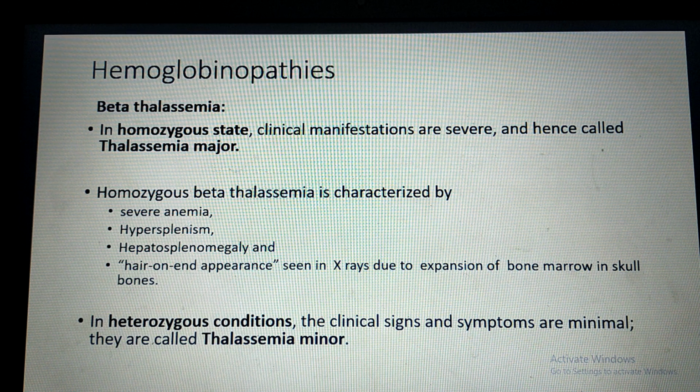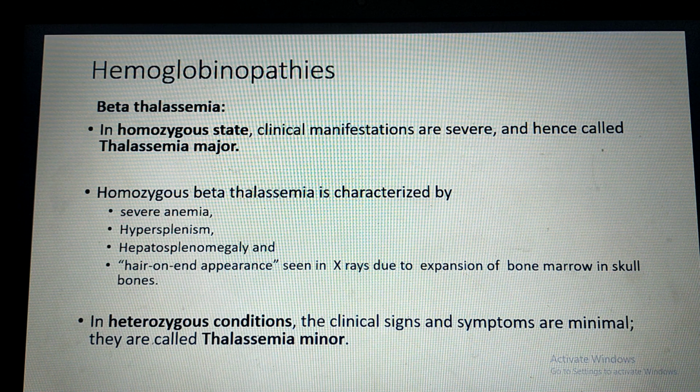This is the diagnostic sign of this disease. In the heterozygous condition, one allele is normal and the other allele is abnormal. So 50% beta chain synthesis is occurring properly, and due to mutation in only one allele, the beta chain synthesis is decreased. The clinical signs and symptoms are minimal in this case, and it is called thalassemia minor.